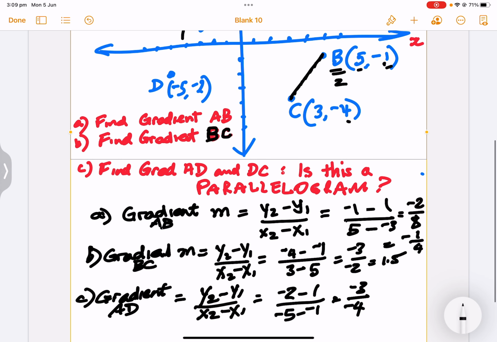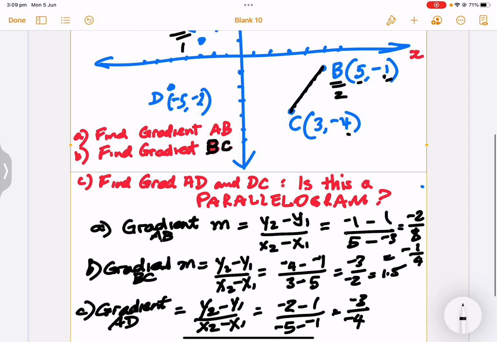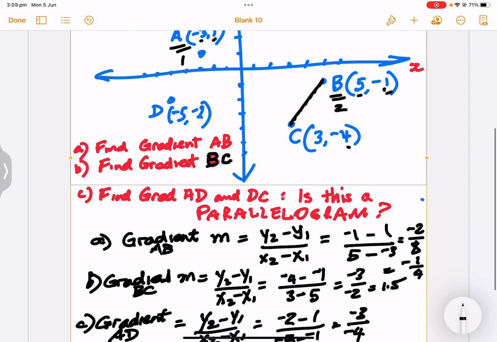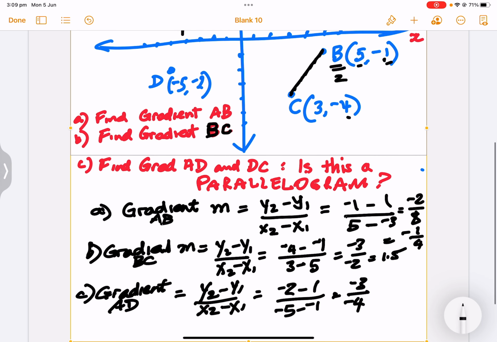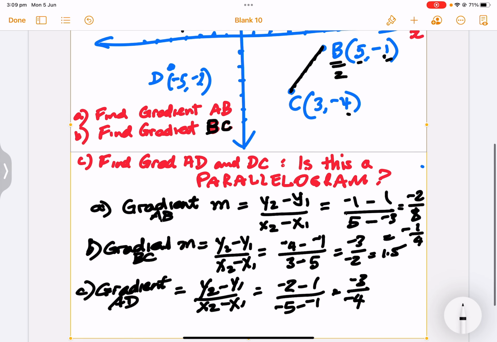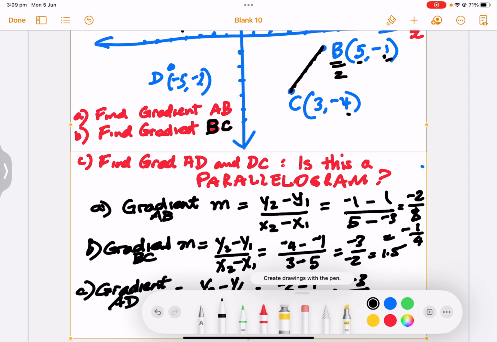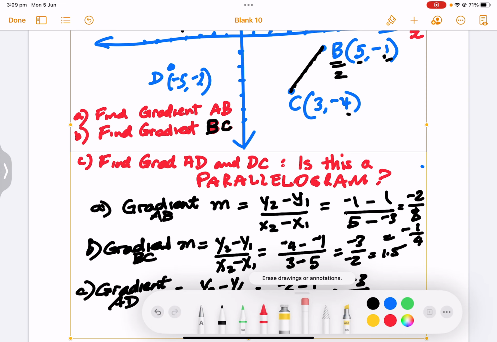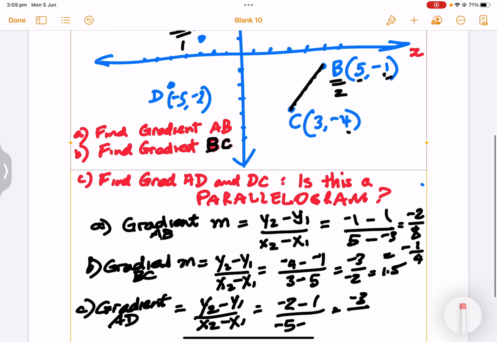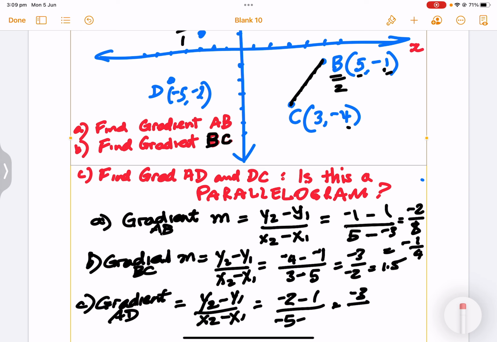It's here, you probably spotted it. y2 is -2, y1 is 1, x of D is -5 minus x of A is -3. All right, so well done if you spotted that and were calling out and I just wasn't listening. Sorry about that. But well done for spotting it. -5 minus -3.